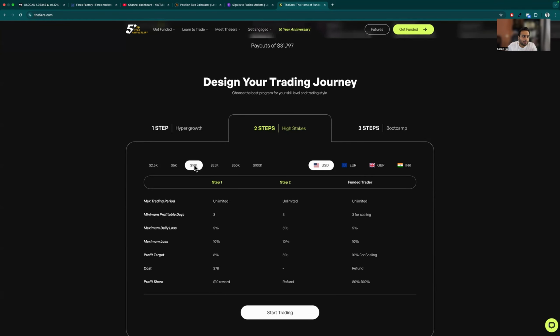It will become 12.5K, 15K, and then 20K, 25K. It's not only going to increase by 2.5K. As your account size keeps increasing, it's going to scale in larger amounts. Once you are on a 100K account, it scales to 125K, not 102.5 or 105, 110. It's 125K directly, the next step.